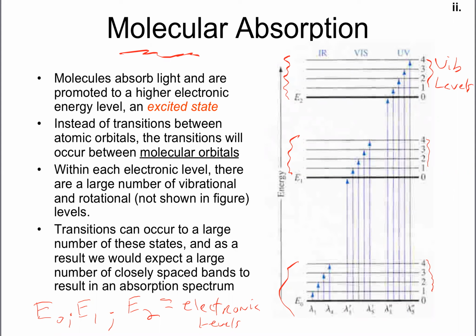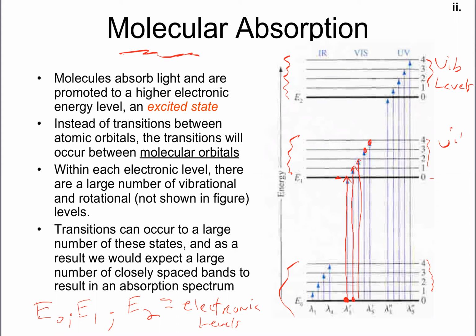So in addition to going just down here from the ground state and performing an electronic transition, I could go from the ground state up to an excited state and end up in the 0 vibrational level. Or I can go from the ground state up to the n equals 1 vibrational level, or the 2 vibrational level, or 3 or 4, and so on, okay?